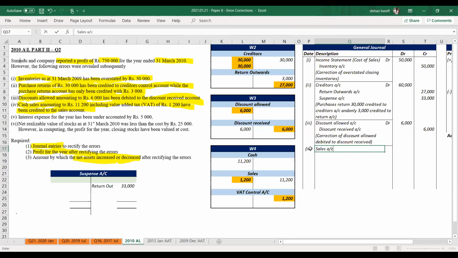Sales account debit, VAT control account credit, adjusting the sales VAT.